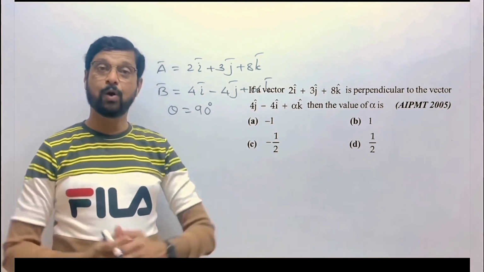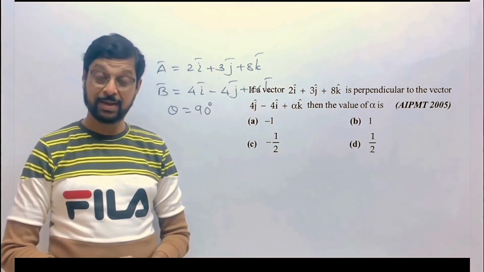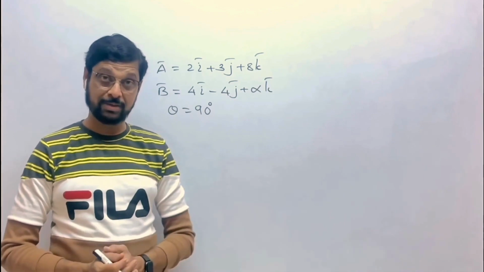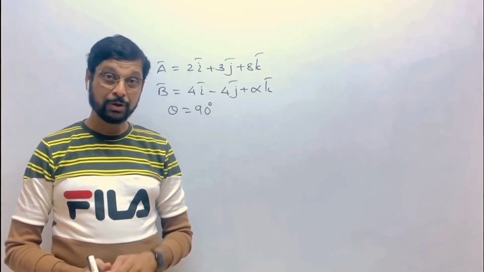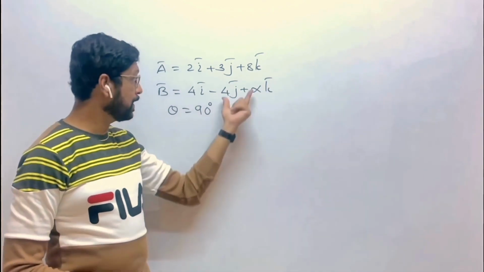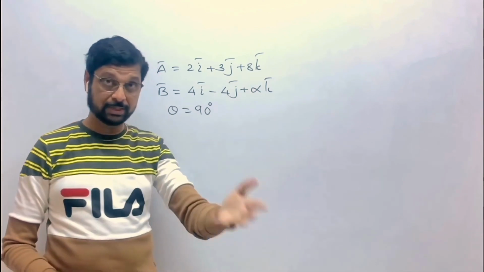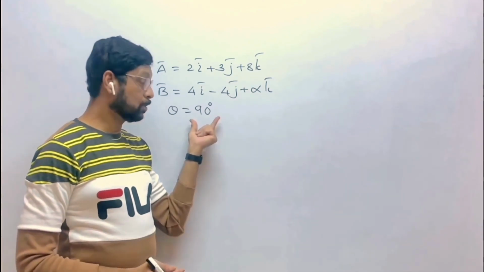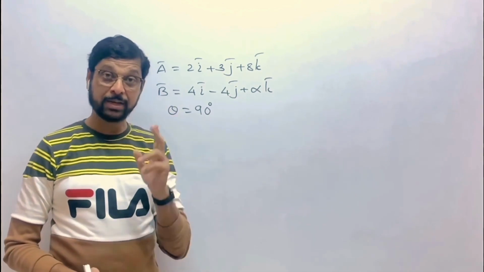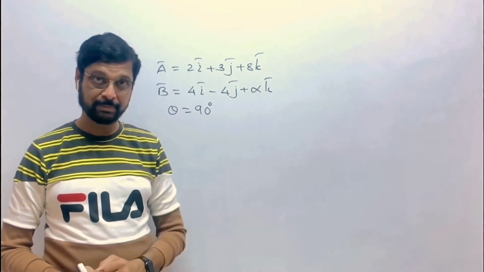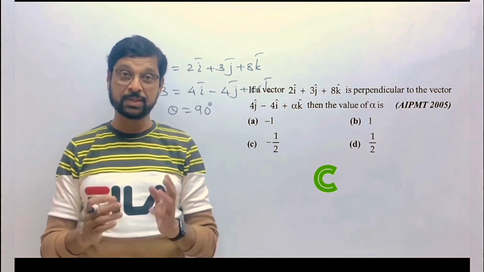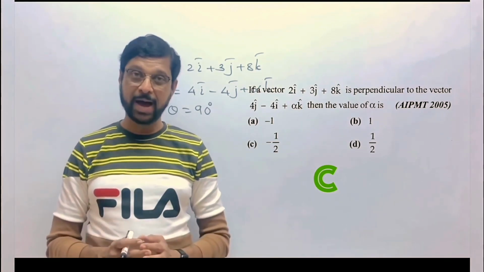Then the value of alpha is, alpha की value क्या होगी? Now you solve this question because same type of question we have solved just previously. So this question you will solve and check your answer. Your answer should be C, that is minus 1 by 2.